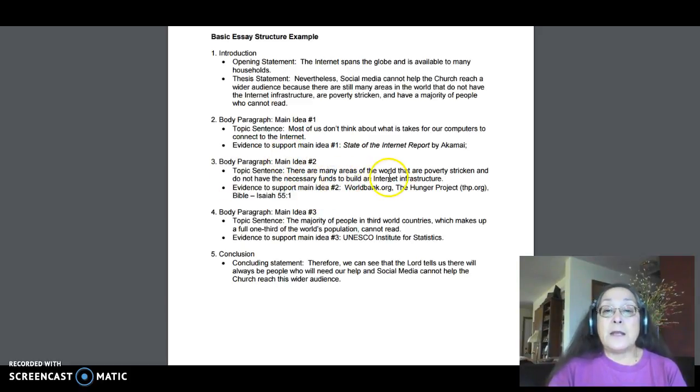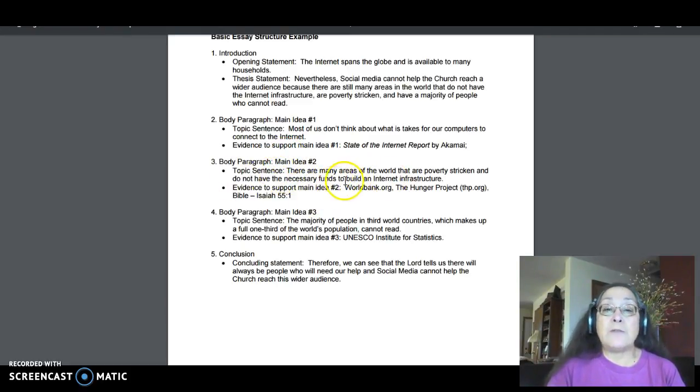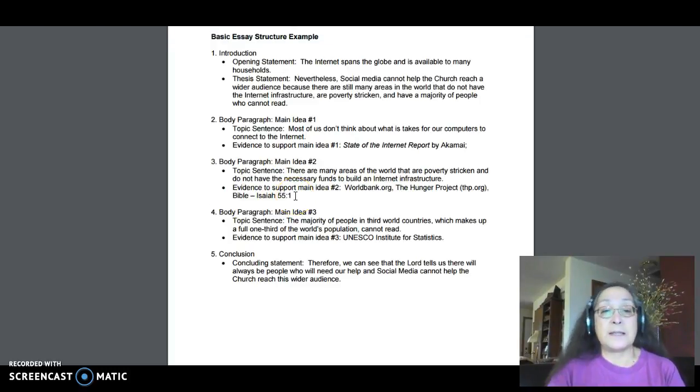So there are many areas in the world that are poverty stricken and do not have necessary funds to build the internet infrastructure. And here I provide a couple of websites that tell us that indeed this is an issue across the world. And not only that, I support it with a biblical verse that I think helps to support that statement.